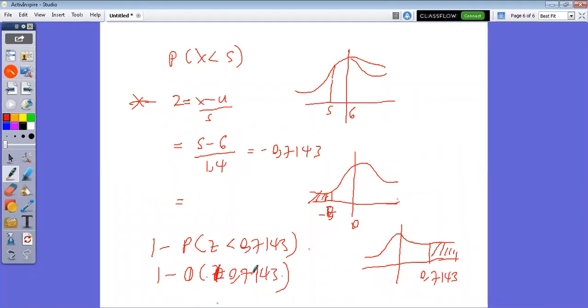Let's go and find the probability of that. That's all we are doing. 1 minus phi means 1 minus the probability of this. So let's go to 0.7143. What is that? Show me your probability tables now. Let's see what you get. What do you get?